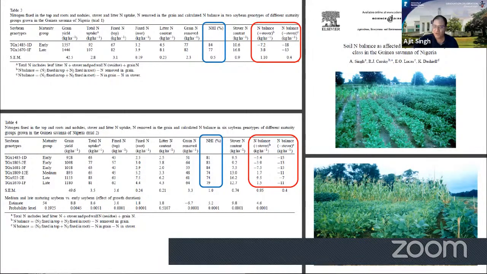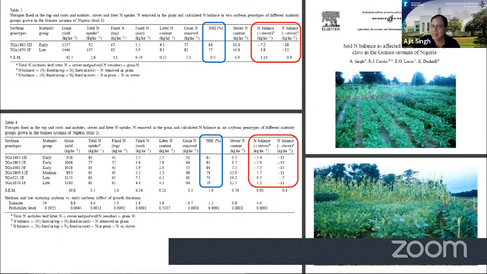As a result, look at the N balance here. If you return the residues to the soil, it is negative for the early varieties, which are more improved. But the late maturing varieties stay longer on the field and have more biomass, so they add more to the residue. So the N balance is positive. So growing late varieties is economical, at least it's not that great. Remember, it's not 3.8 kg per hectare.